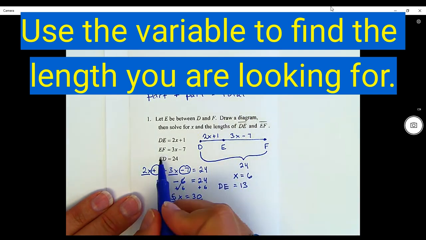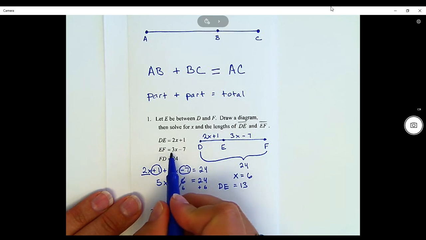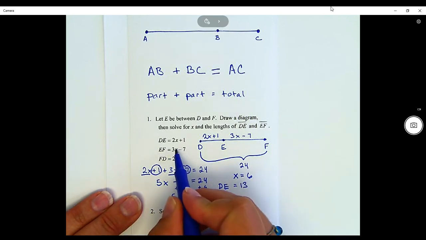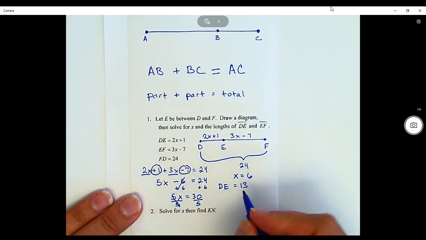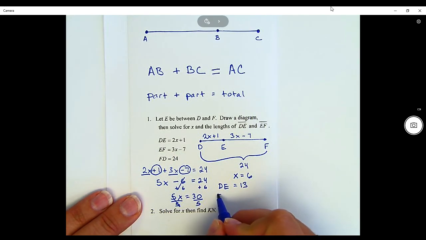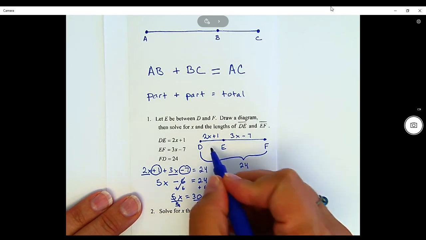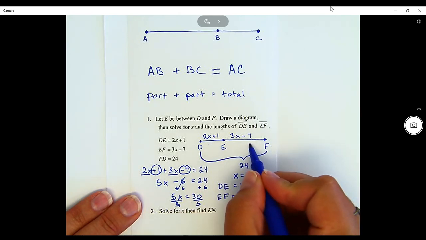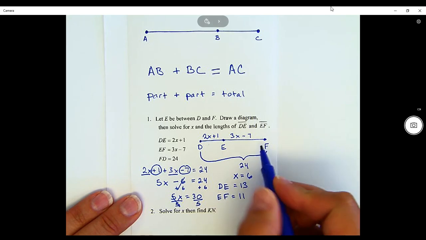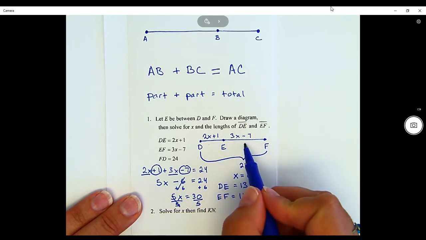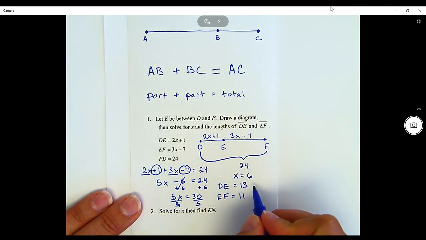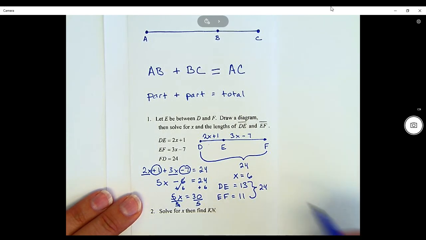For the length of EF, it's 3 times 6, which is 18, minus 7. So EF equals 11. What I now know is that this part is 13 and this part is 11. I want to check: do 13 plus 11 make 24? Yes, they do. If I add those two up, my total is 24.